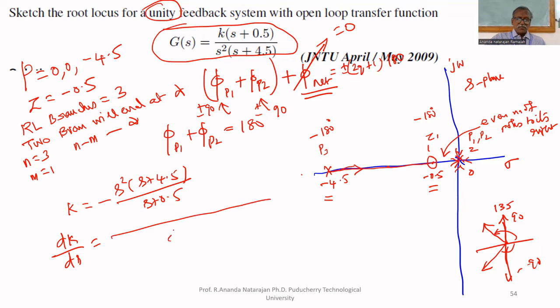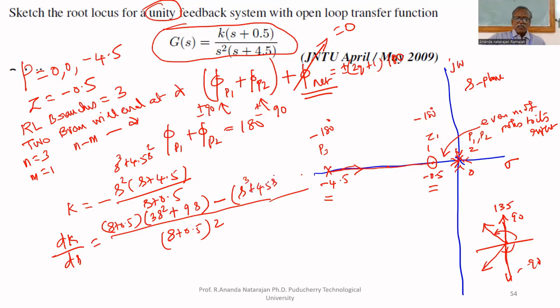dK by ds equal to what? The denominator is (s plus 0.5) whole square. And what is the numerator? s cube plus 4.5 s square. Therefore, 3s square plus 9s minus... we have to write as such, s cube plus 4.5 s multiplied by 1.